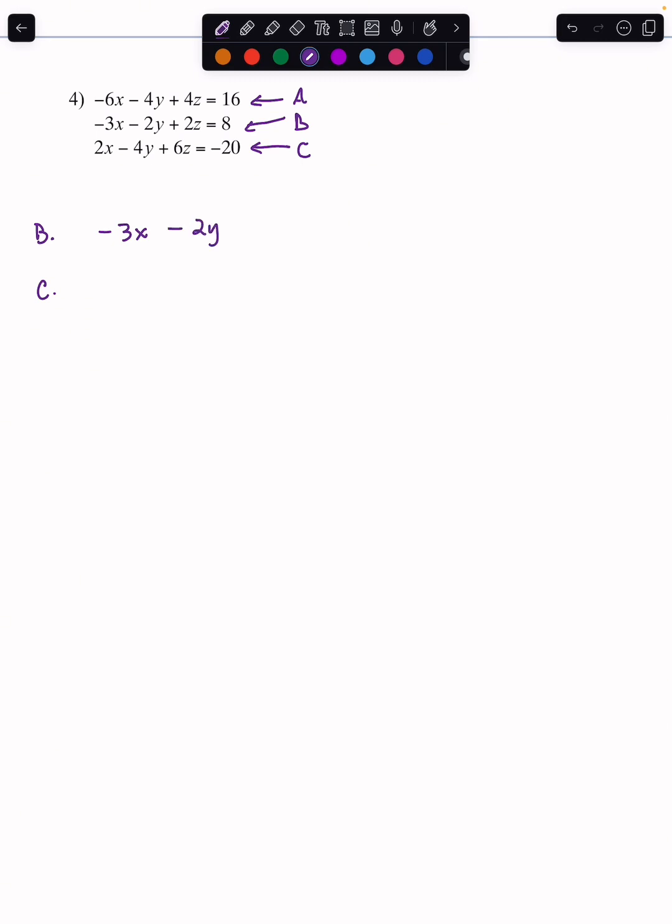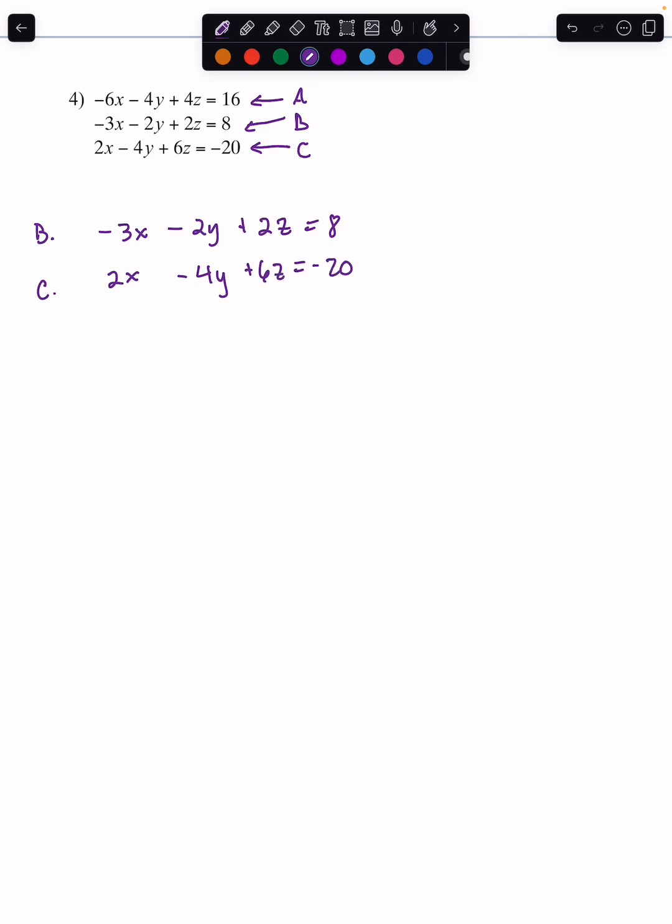And then you'll get 2x for line C minus 4y plus 6z equals negative 20. Okay? So now I have to cancel out one of the variables, and y's look good to me.